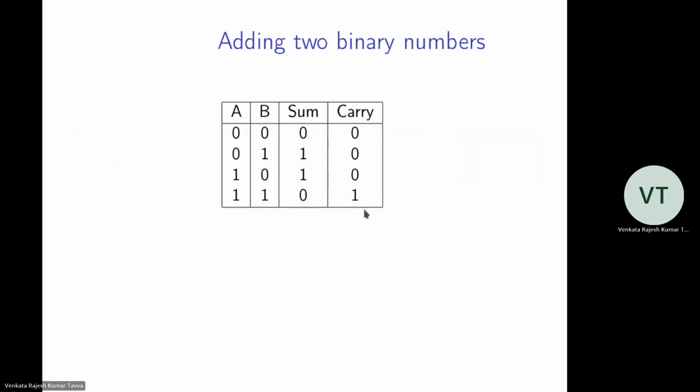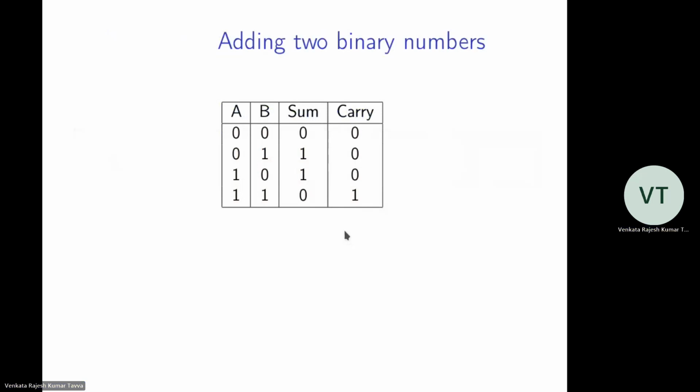Okay, now if you look at each of these columns, do they match with any of the bit operations? This column, sum column, does it match with anything? XOR, right? And this carry column, does it match with anything? AND operation, right?